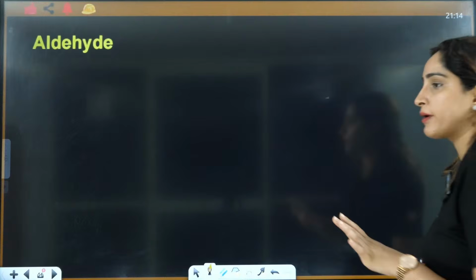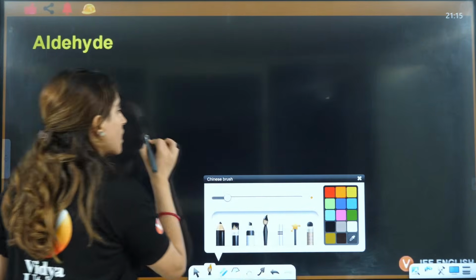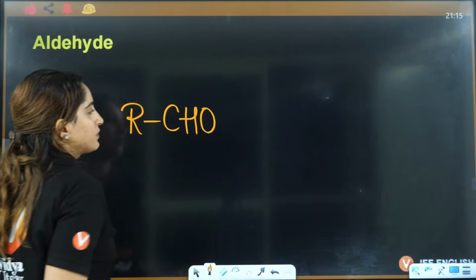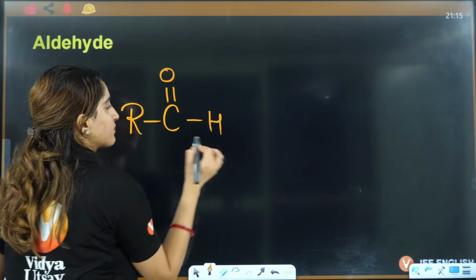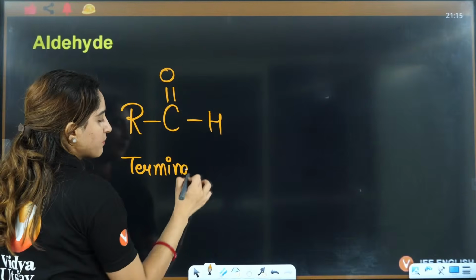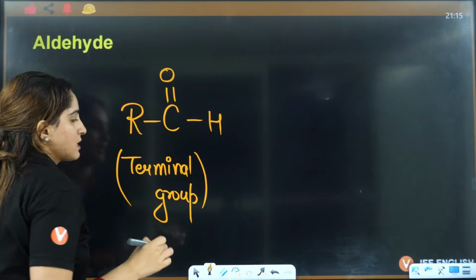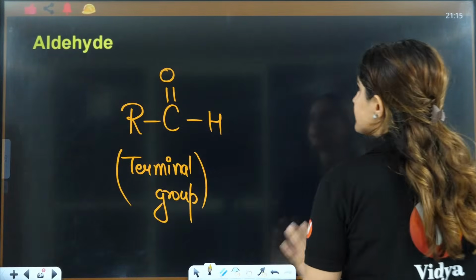Now let's talk about aldehydes. In aldehydes what we will do? Aldehyde is RCHO, or you also write it like C double bond O H. These are always terminal. It is a terminal group. Now in this case what you will do?